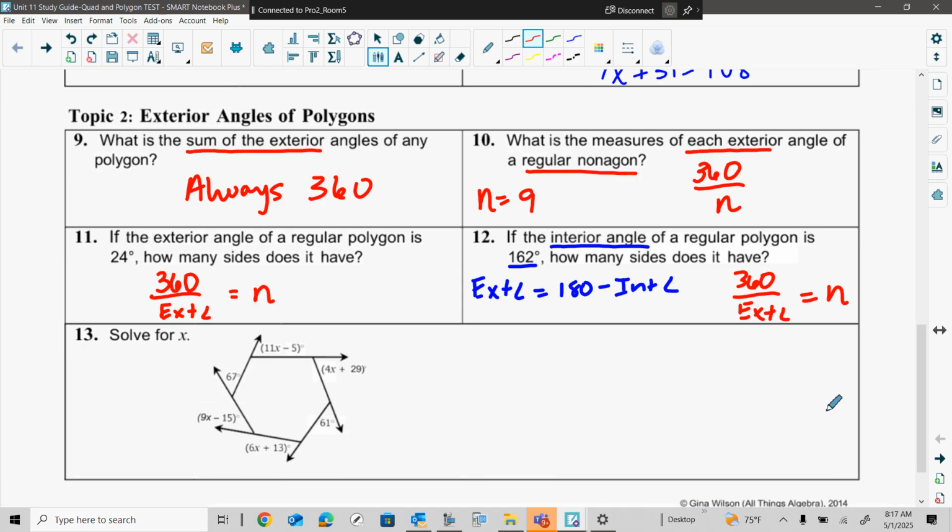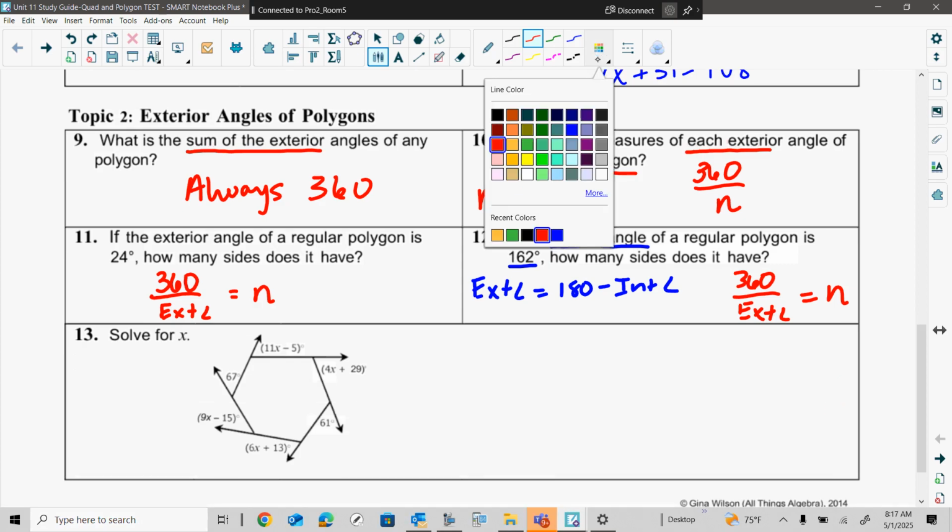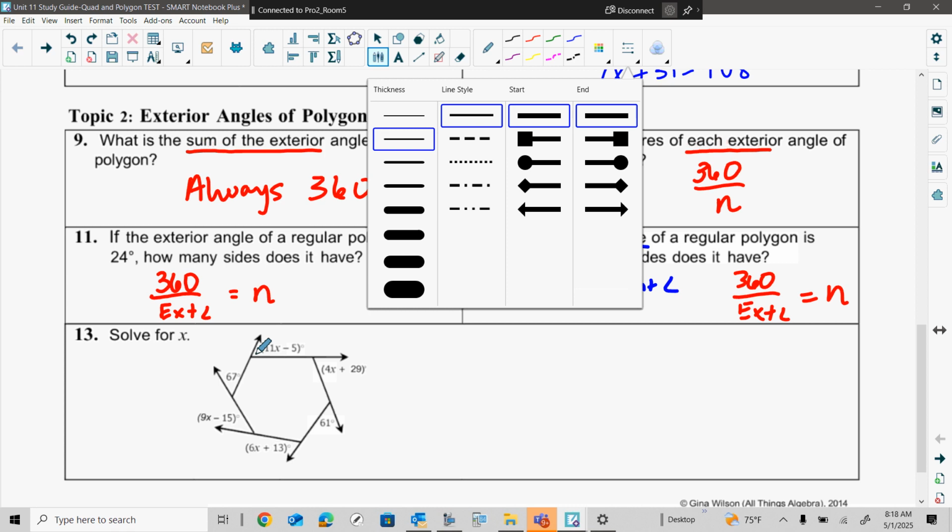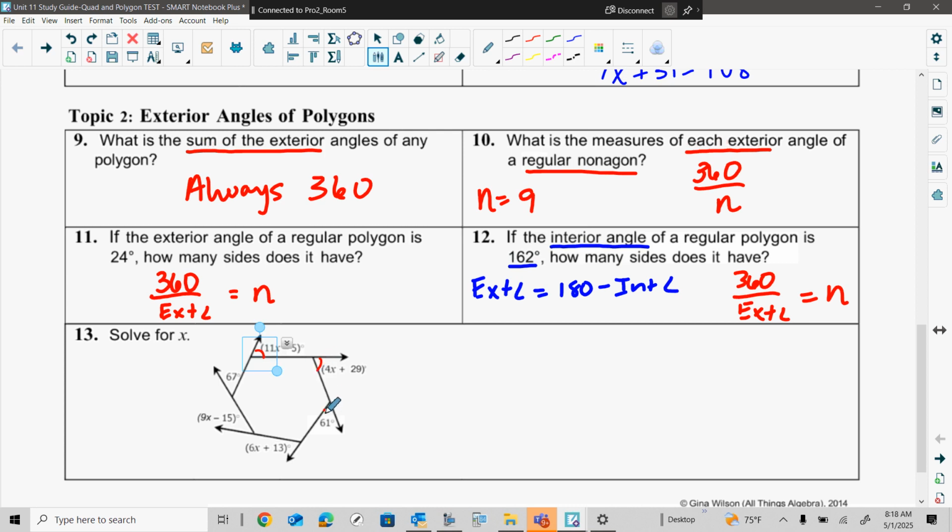So on 13, all the angles are from extending the sides. These are all exterior angles. So you have to remember the sum of exterior angles always equals 360. So you're writing an equation with the sum equal to 360.